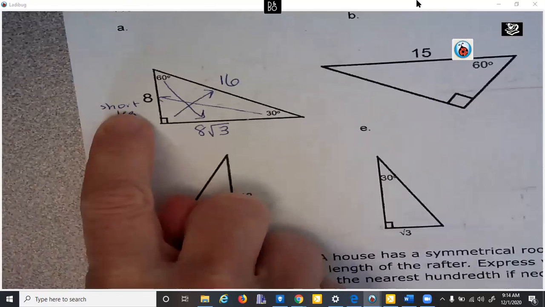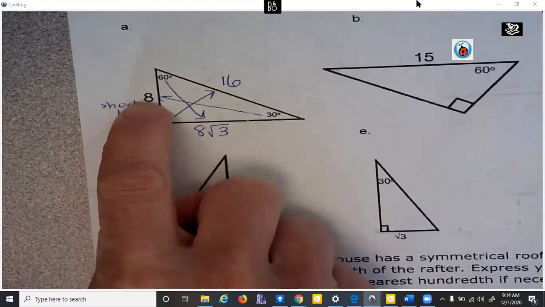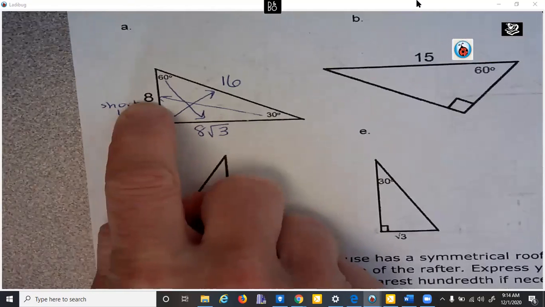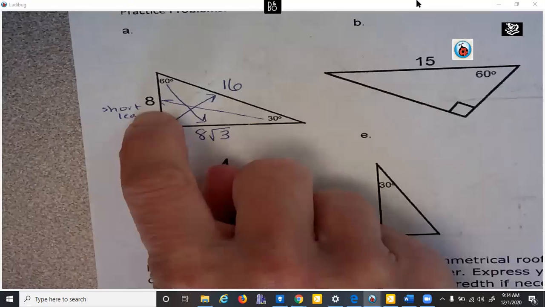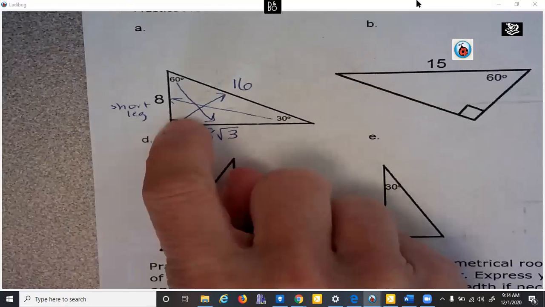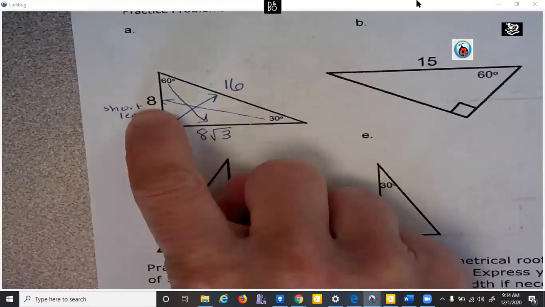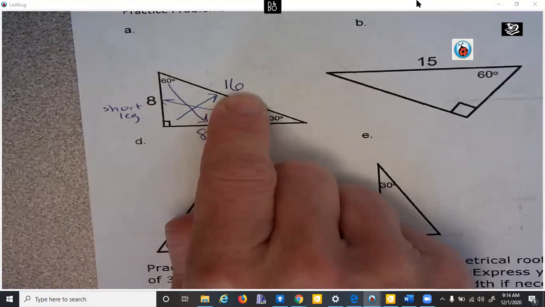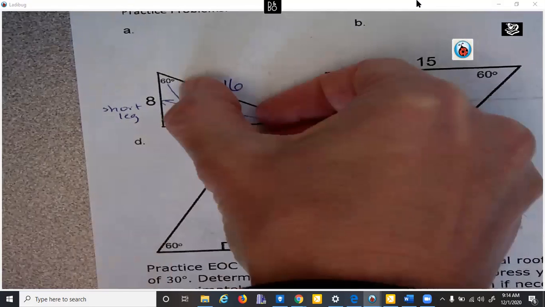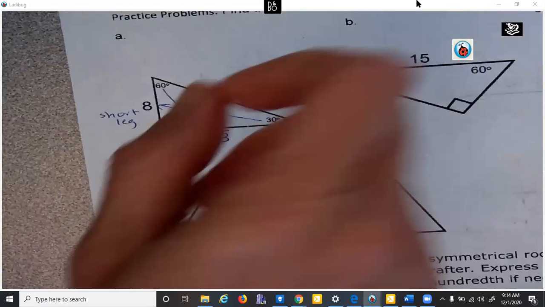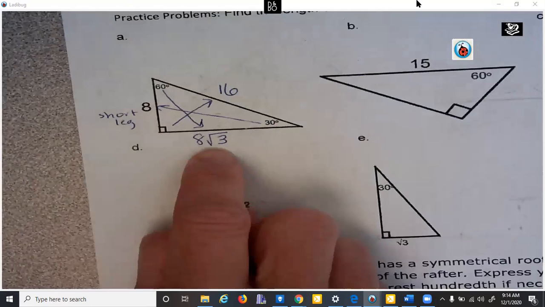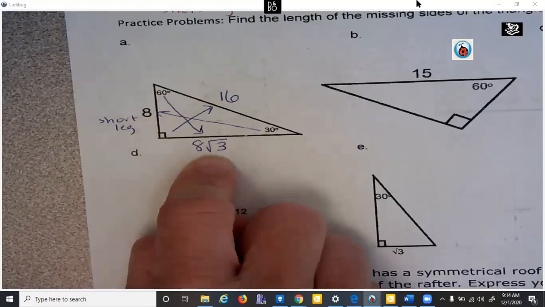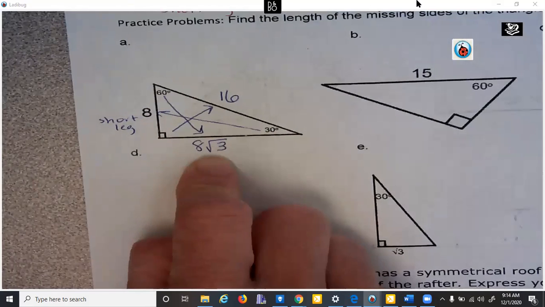And they told you that one was 8. Well, the other rules are the hypotenuse is double the short leg. That's just the rule in a 30, 60, 90. So I got 16. The side across from the 60, you take whatever they give you for the short side and you multiply by root 3. So it's just 8 root 3. Did that help, Samuel? Yes, that makes sense.